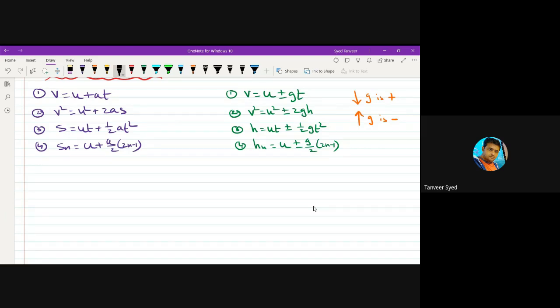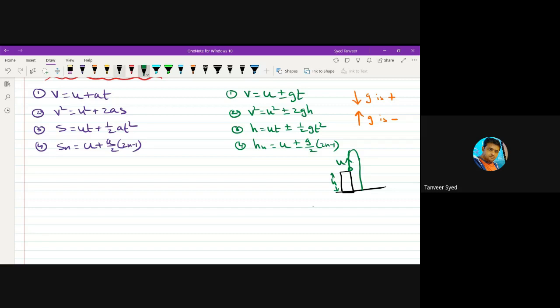What is it? Suppose you throw a body vertically upward from the top of a tower of some height h. The body goes, reaches a certain maximum height, then falls down. You are throwing it with initial velocity u.